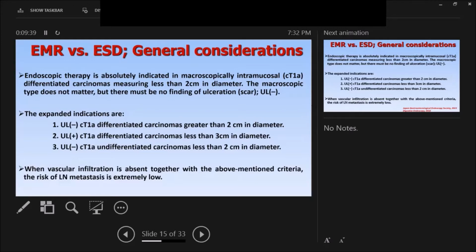The expanded indications: non-ulcerated differentiated carcinoma more than 2 centimeters. This is also only in the Japanese guidelines. Non-ulcerated differentiated carcinoma less than 3 centimeters. Non-ulcerated undifferentiated lesion less than 2 centimeters in diameter.